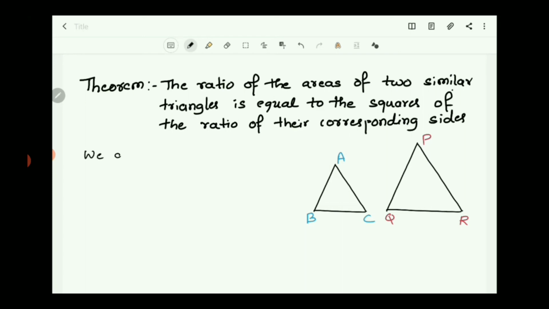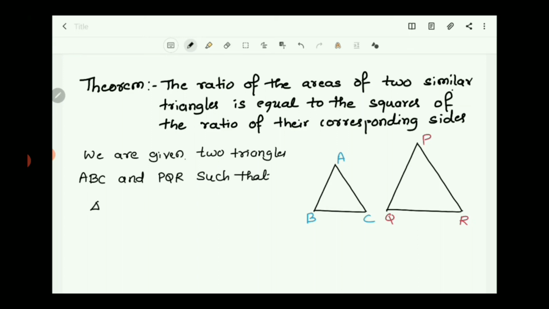We are given two triangles ABC and PQR such that triangle ABC is similar to triangle PQR, and if they are similar, their corresponding sides are in proportion and their corresponding angles are equal.